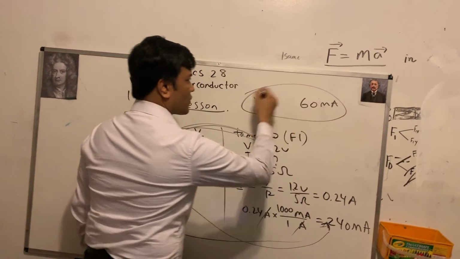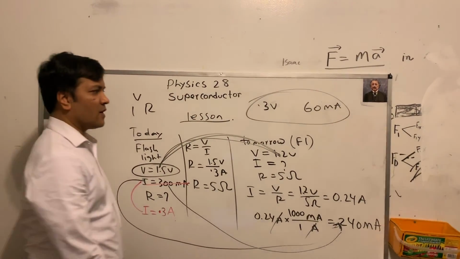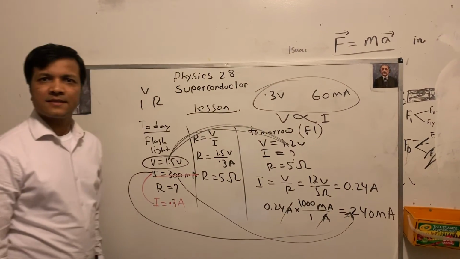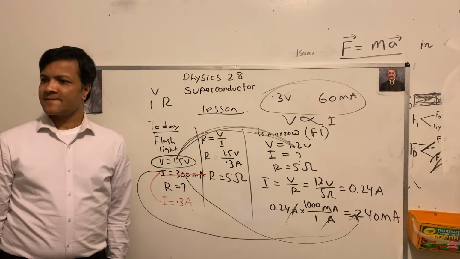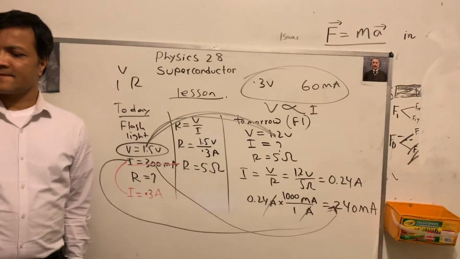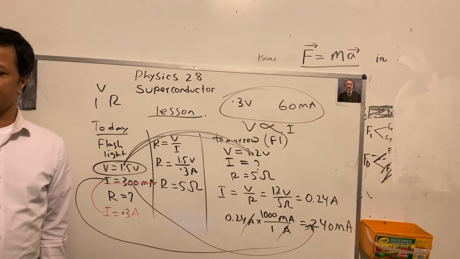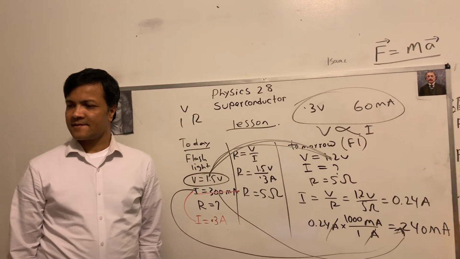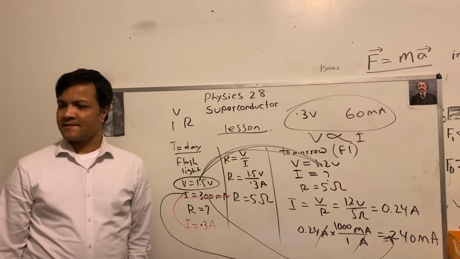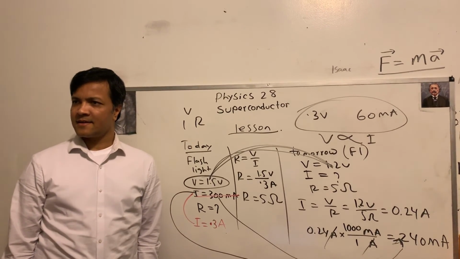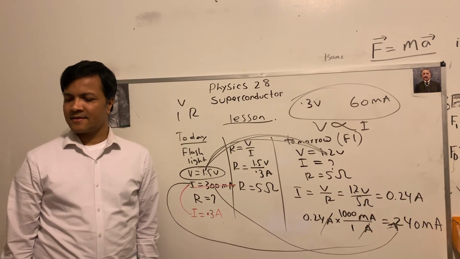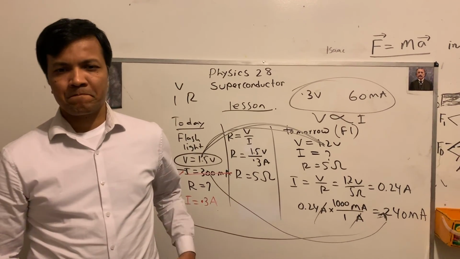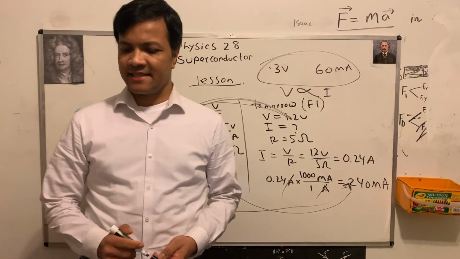So the voltage is proportional to the current. The current decreased by 60 thousandths of an amp, and the voltage decreased by 0.3 volts. I'm seeing some proportionality here between the two. Alright, so we're going to end here.